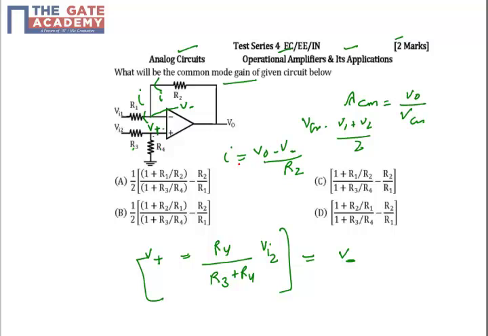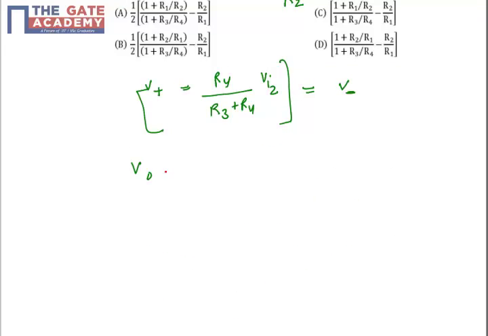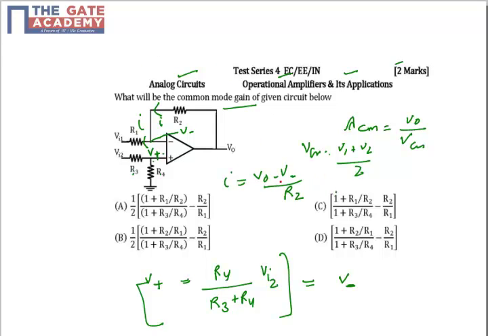You can rewrite the equation as V0 is equal to V minus plus I times R2. The same current I is also flowing across R1, so another expression for I is (V minus minus VI1) upon R1.